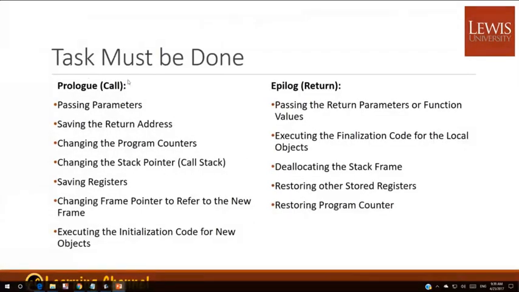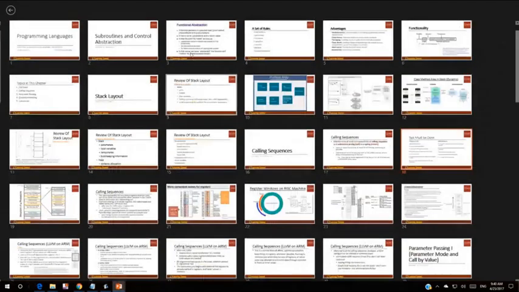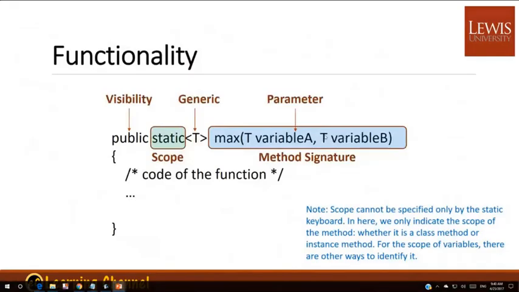And here are the tasks to be done for the prologue and the epilogue. For the prologue, you need to pass the parameters. So put those parameters into your call frame, then save your return address and change the program counter so it actually jumps to the function code. So let's return to the procedure. In the procedure, first we need to save the parameter.